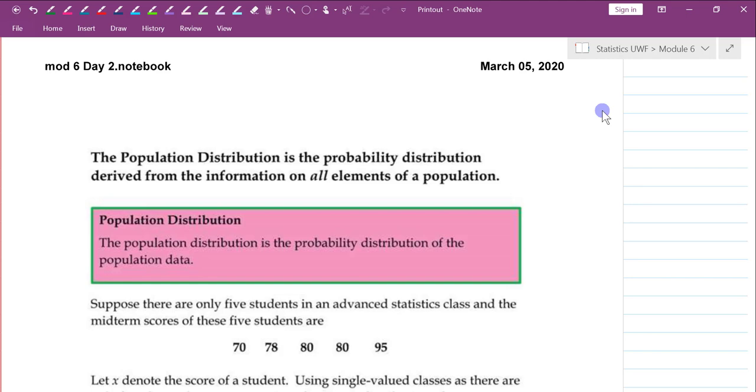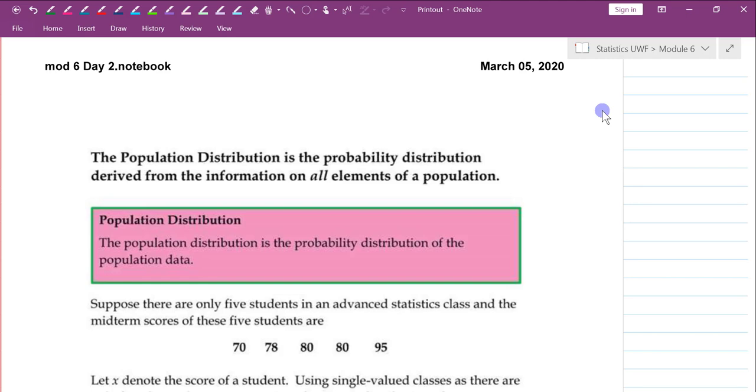Now, let's say when we go back to our classroom, the probability of selecting somebody who is at least 30 years old.